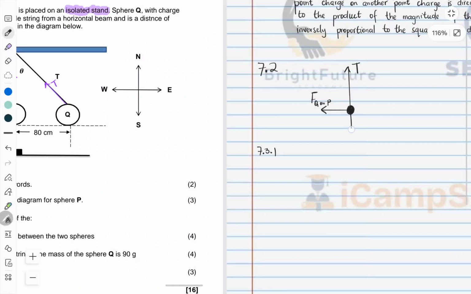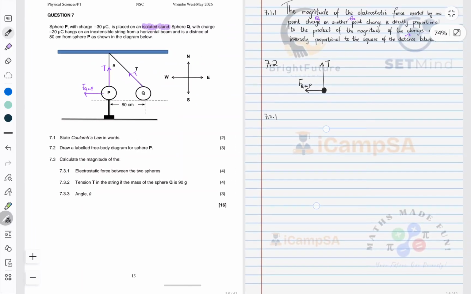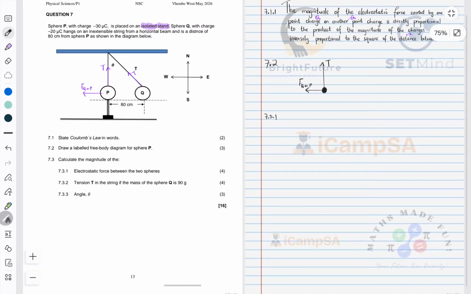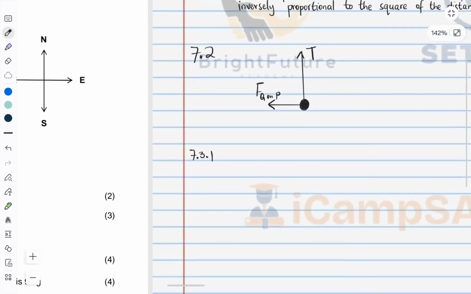The third force would have been weight, but they didn't mention anything about mass, so I'll assume it's negligible. So electrostatic force between the two spheres, we have to calculate the magnitude of the electrostatic force between the two spheres. Okay, that's F. In fact, let's just call it F.